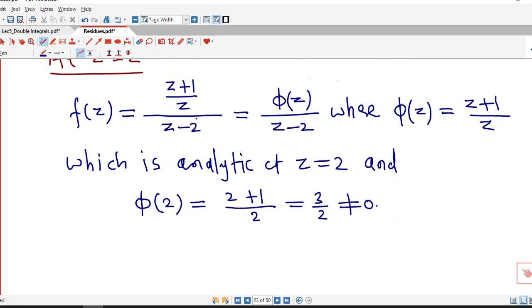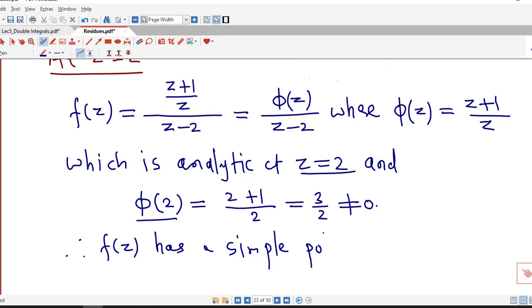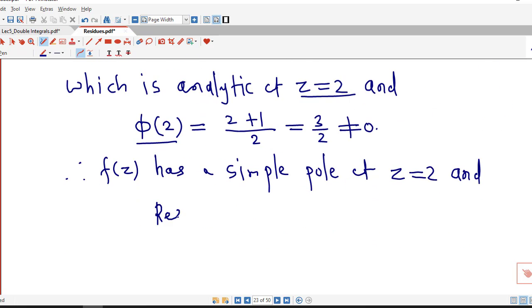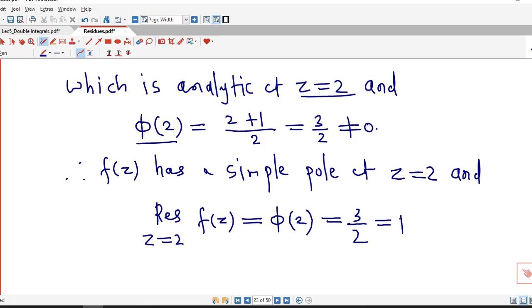So therefore f of z is written as phi of z over z minus 2, where phi of z is analytic at z equal to 2 and phi of 2 is non-zero. So therefore f of z has a simple pole or pole of order 1 at z equal to 2 also, and the residue of f of z at z equal to 2 is equal to the value of function phi at z equal to 2, which is 3 by 2.